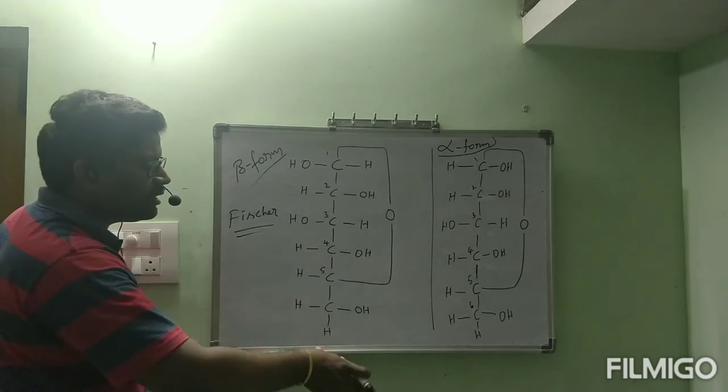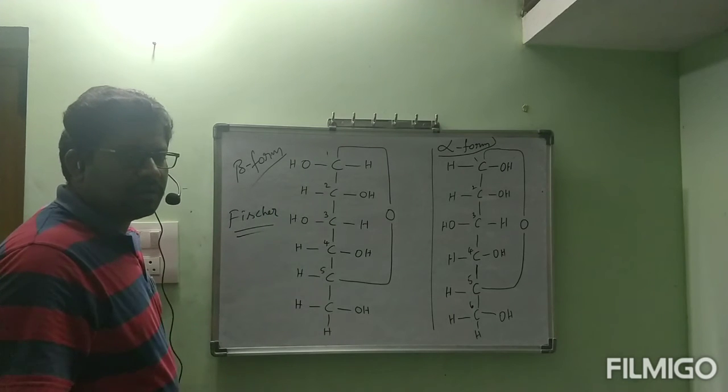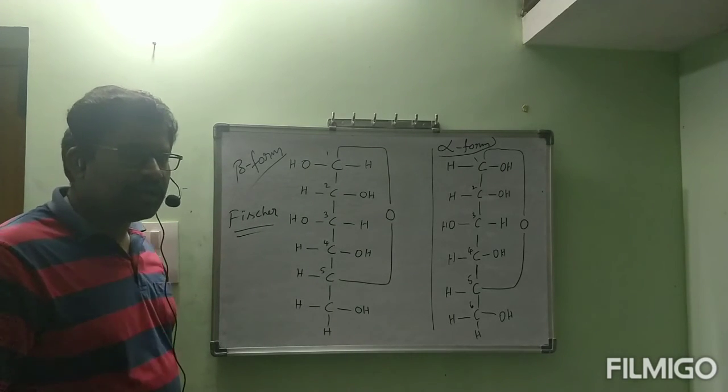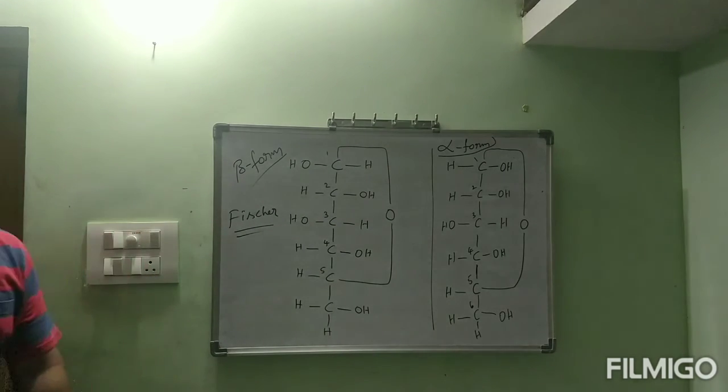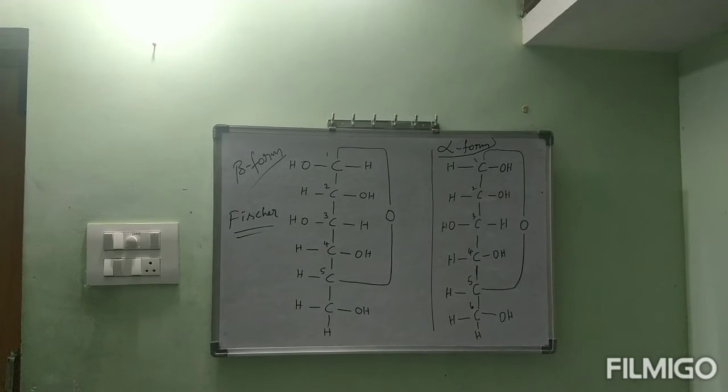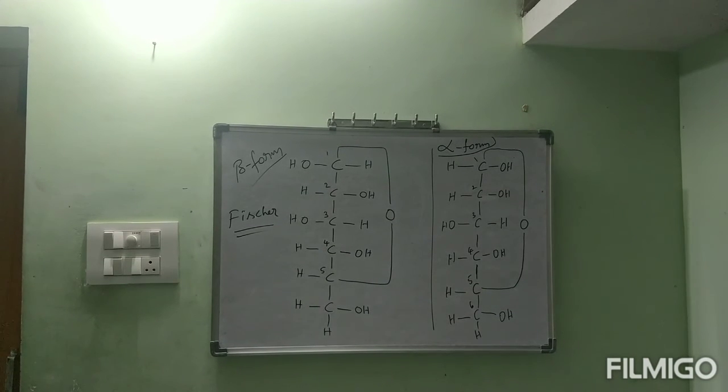Before that, till now, is it clear for you? Okay, observe carefully the structures of glucose, alpha form and beta form, everything. Please observe carefully. Okay, now we will see what about the Haworth structure.